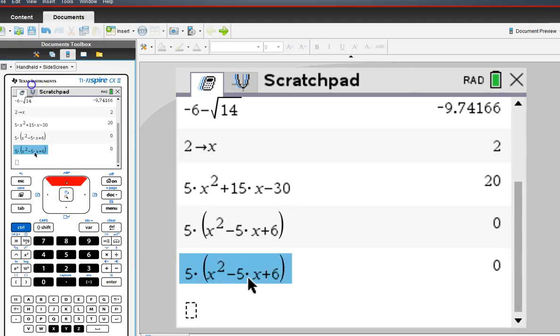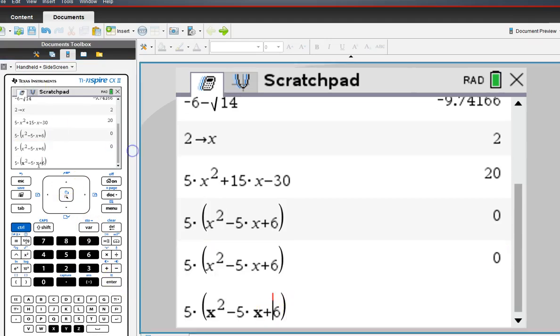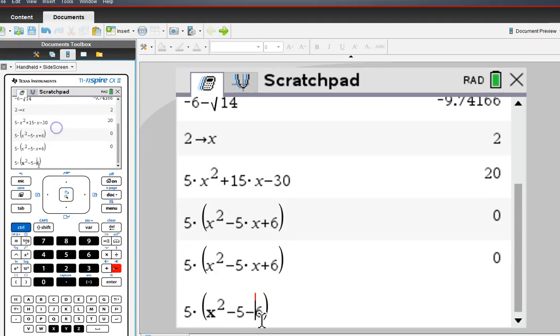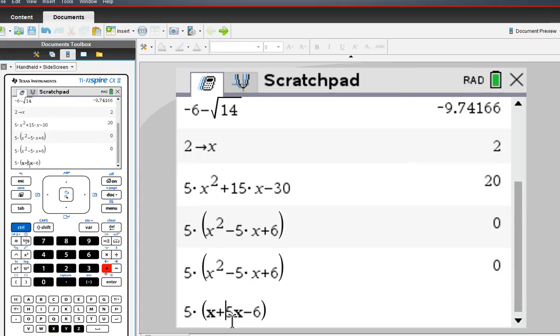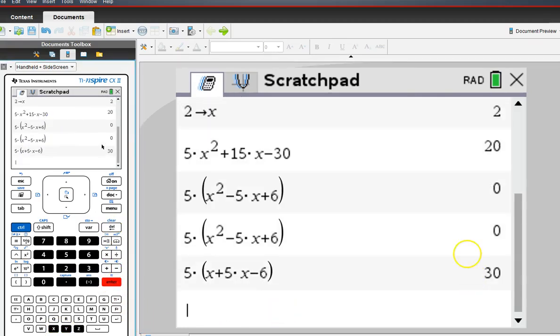I'm going to copy this, and I'm going to change this plus to a minus. And I'm going to change this to a plus. Now then I'm going to hit enter, and notice I get 30. It should be plus 3x. So one of them doesn't work.